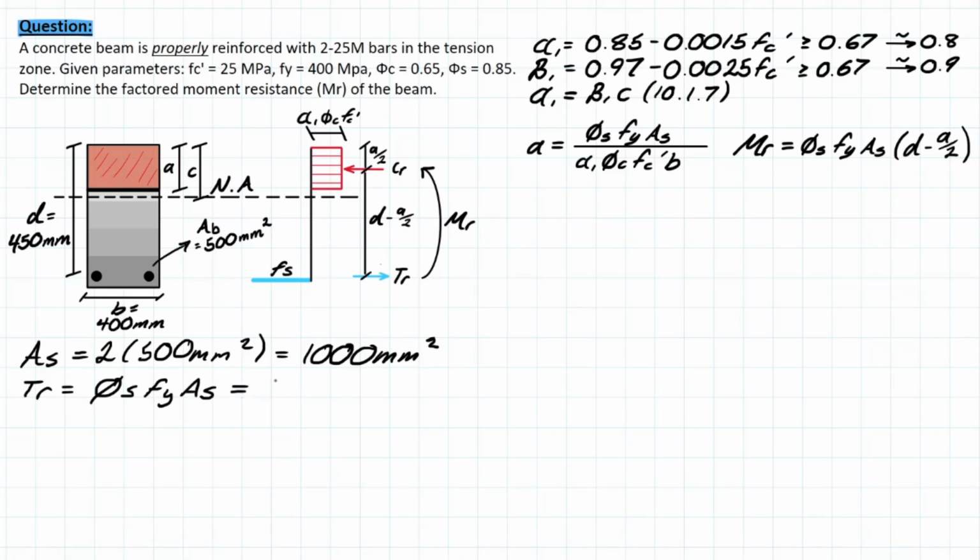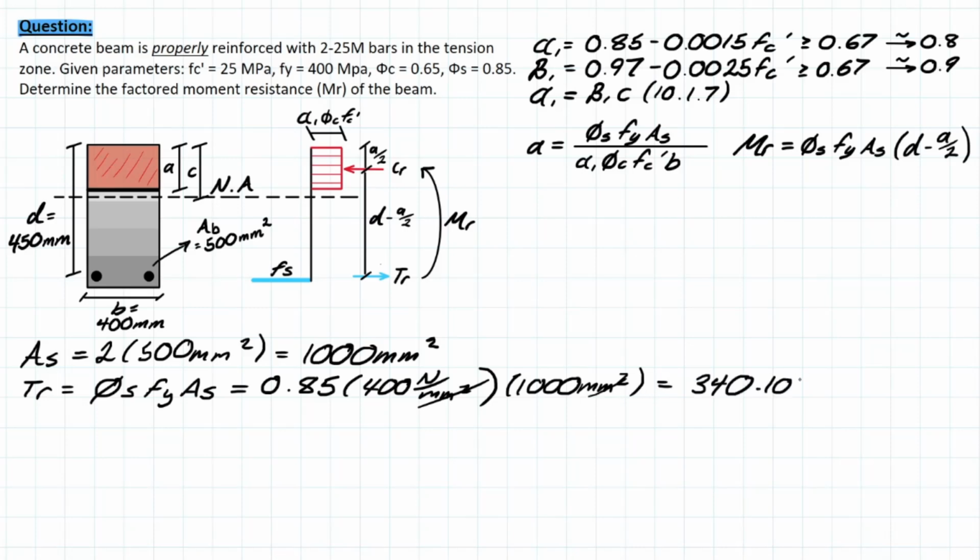Solving for this, we have 0.85 times the yield strength in Newtons per millimeter squared for MPa, and the area of steel, which we just solved for, in millimeters squared. All of this cancels out and gives us a value of 340 times 10 to the 3 newtons.